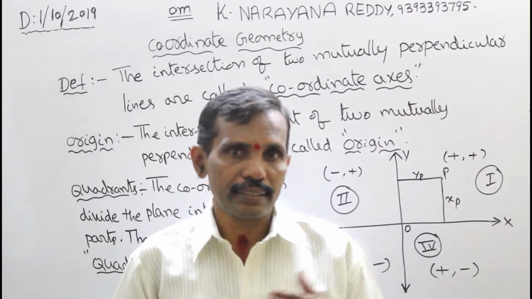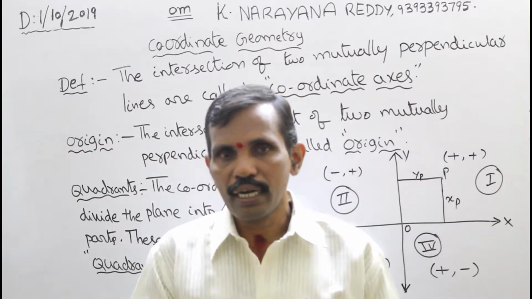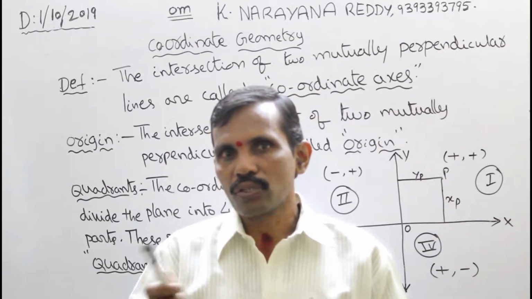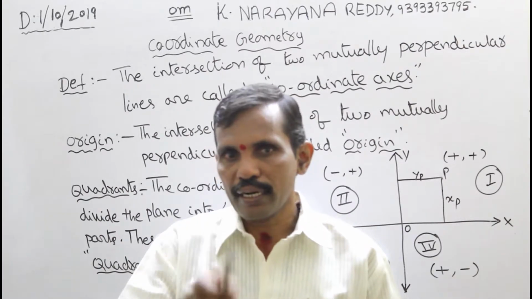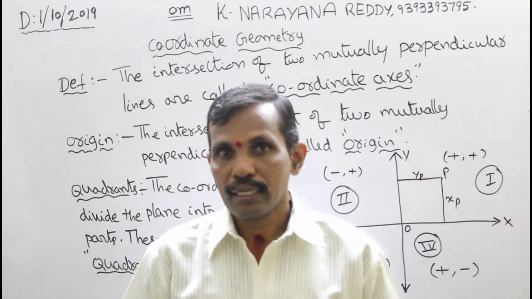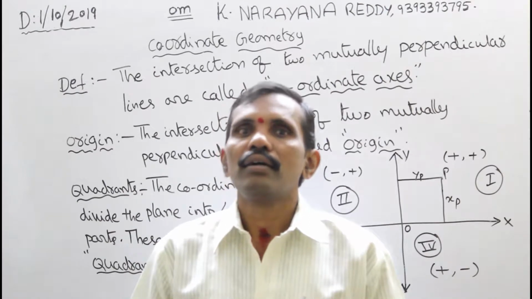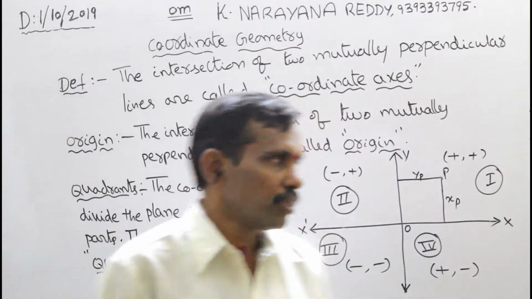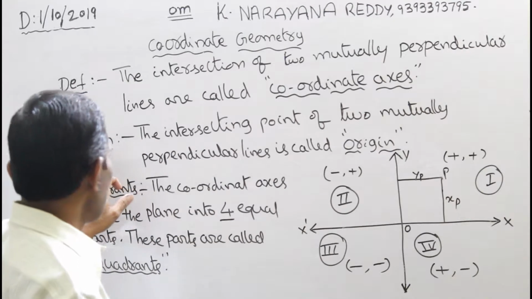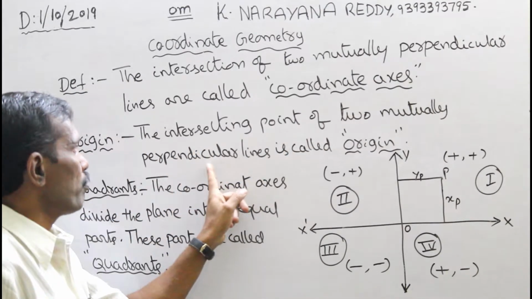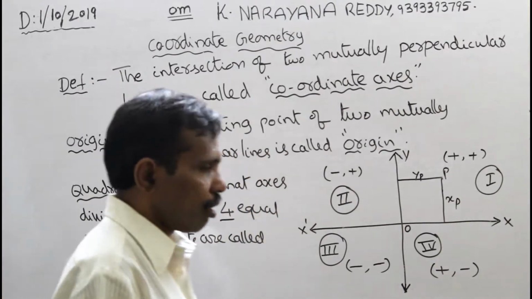Those coordinate axes are, one is horizontal and another one is vertical. The horizontal line is called the x-axis and the vertical line is called the y-axis. The intersection of these two axes is called the origin. So, the origin is nothing but the intersecting point of two mutually perpendicular lines.